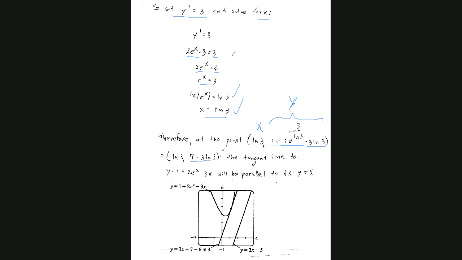So at that point, the tangent line to our curve will be parallel to the line 3x minus y equals 5. And this is just a picture where they show our curve, y equals 1 plus 2 times e to the x minus 3x.